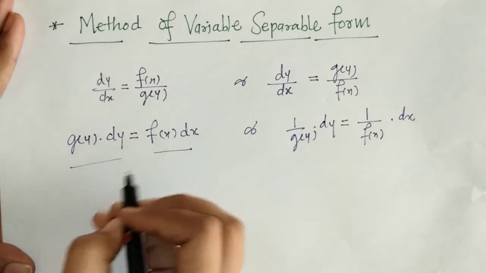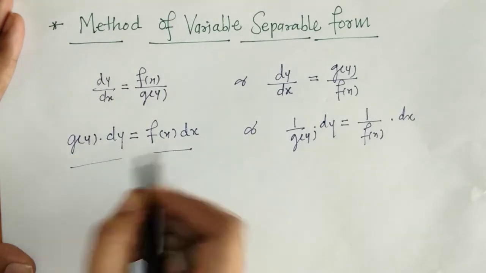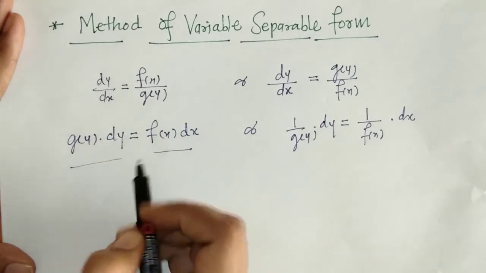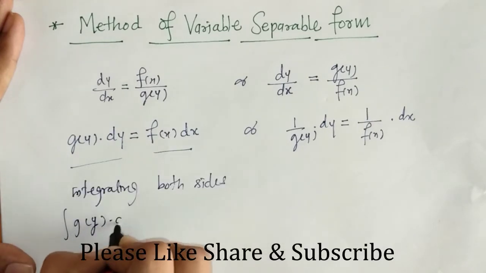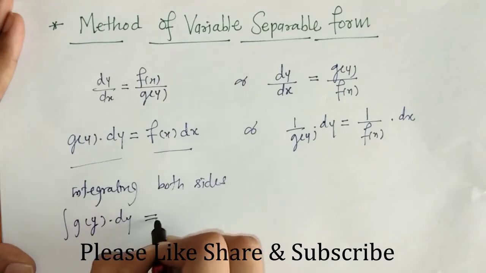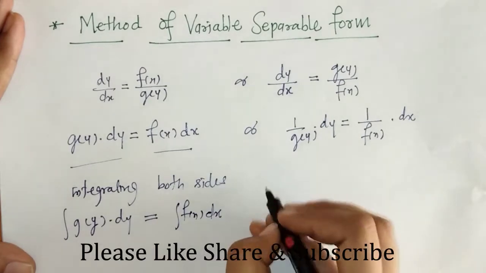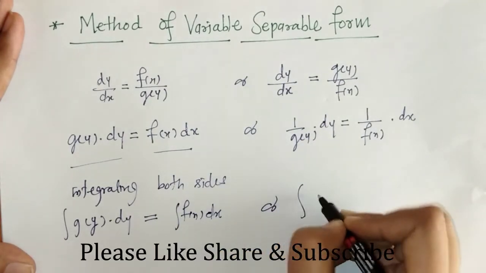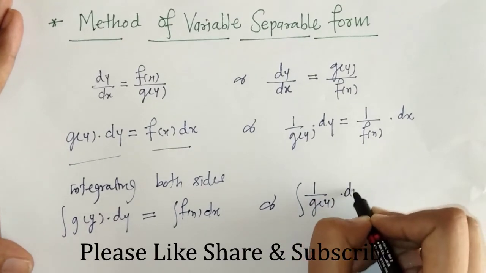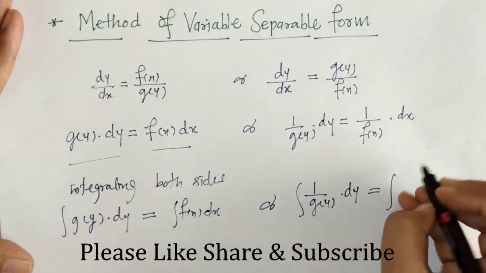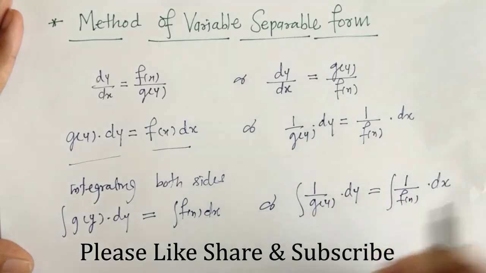Then to find the solution of this given ODE, we have to integrate this variable separable form on both sides. We will get the integration of g(y) with respect to y equals the integration of f(x) with respect to x, or the integration of 1/g(y) with respect to y and the integration of 1/f(x) with respect to x.